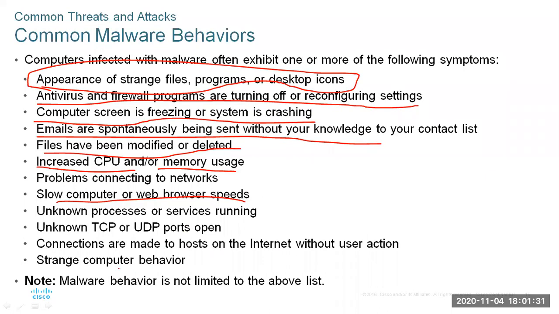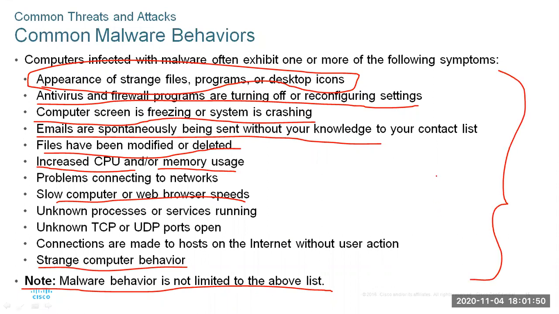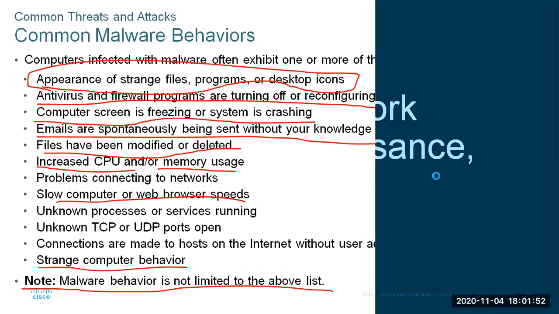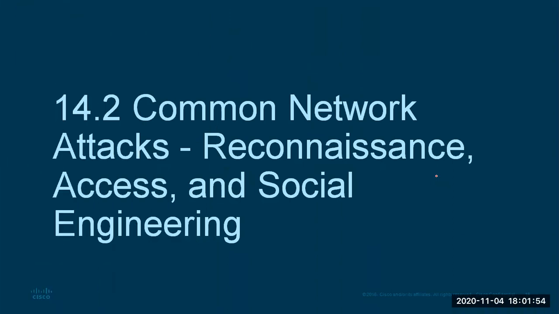Or sometimes you just notice your computer is behaving strangely. But you should note, like it's written here, malware behavior is not limited to the above list, meaning there are other symptoms that are bound to happen. These are just the common ones that we know.